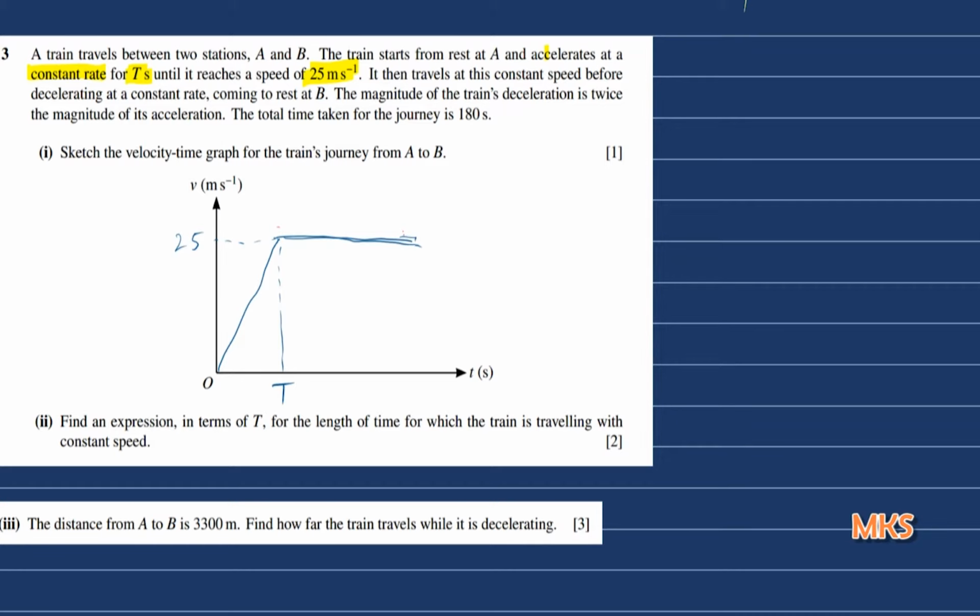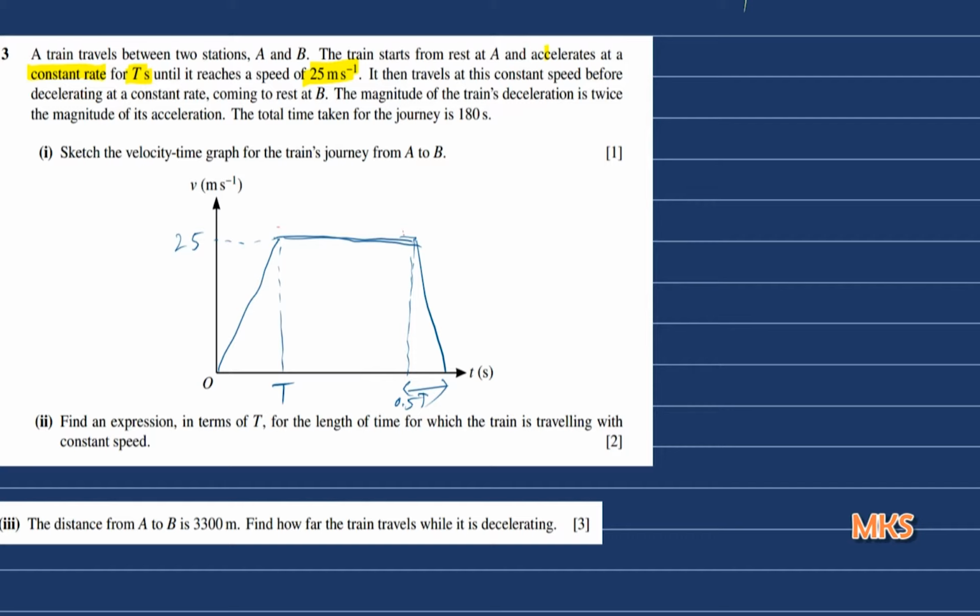And then it decelerates at twice the rate compared to the acceleration. So this portion of the time will be 0.5 t, you can say half t, because the rate of deceleration is twice, so the time taken will be half. That is the first part.